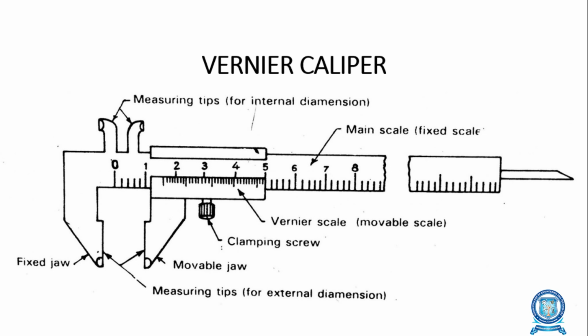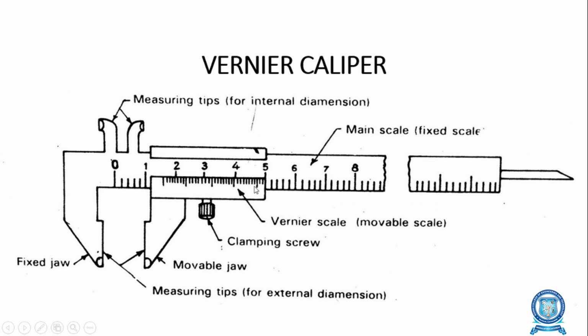So before starting the measurement, we should ensure that the scale is checked to 0. We should check that the scale reads 0 and the two measuring jaws are in contact with each other.